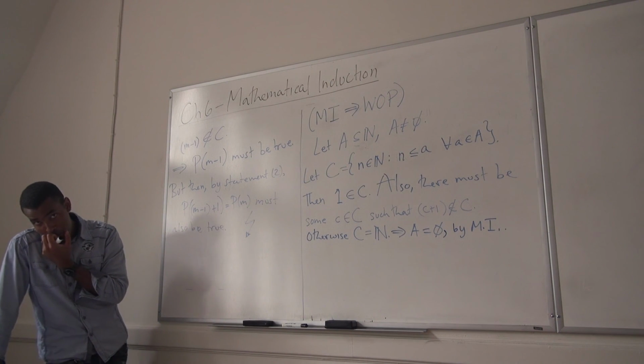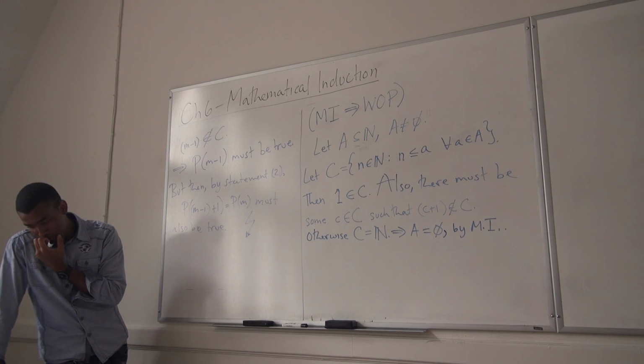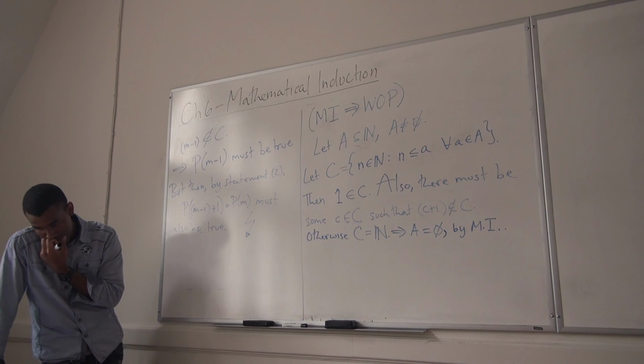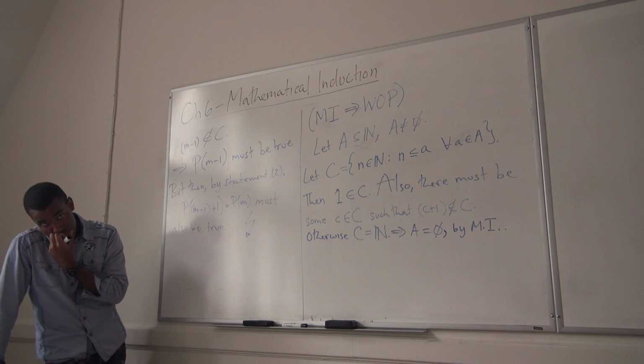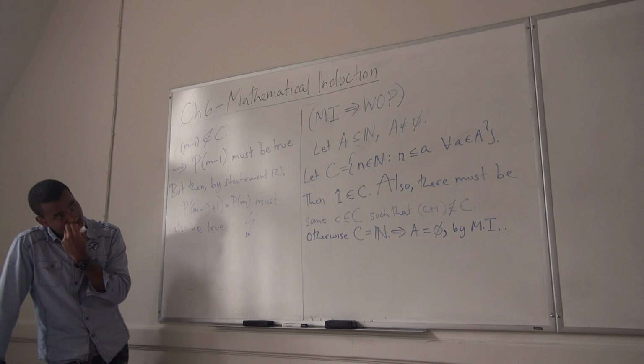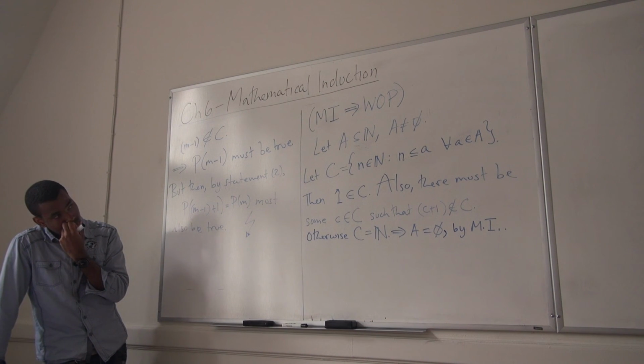So if n is less than or equal to C, which is less than or equal to A, or which is less than or equal to C plus 1, C plus 1 goes down.